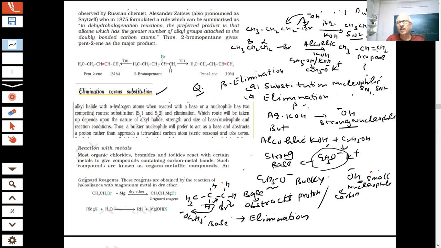But when alcoholic KOH is added, the bulky alkoxide ion, what do you call it? Alkoxide ion. The bulky alkoxide ion abstracts a proton, because it acts as a strong base. Hence, elimination takes place.